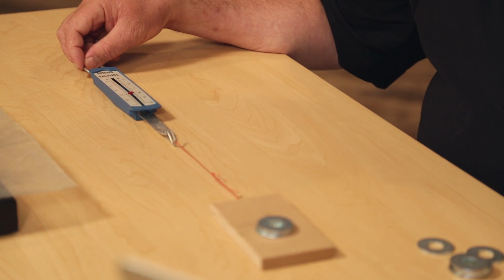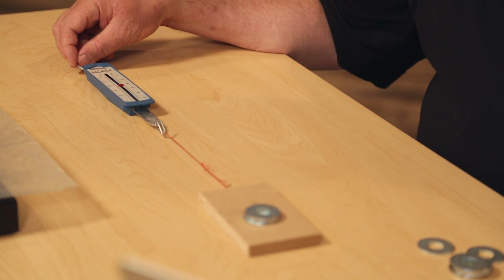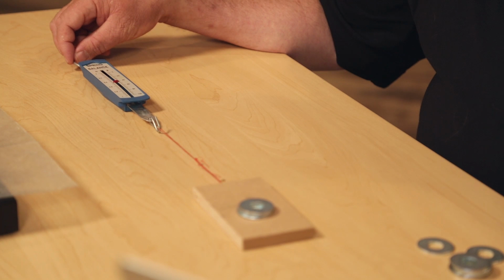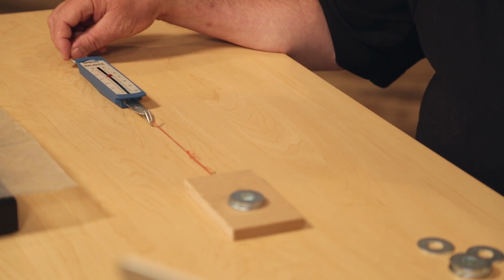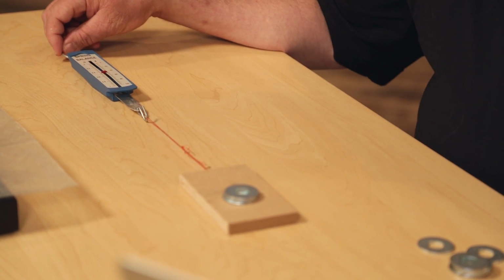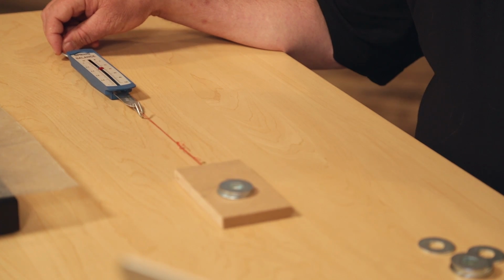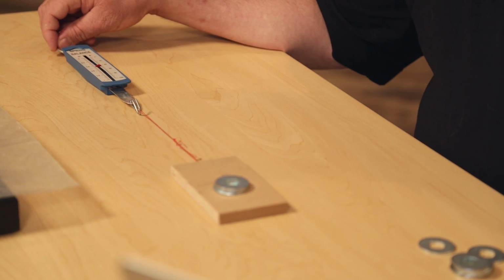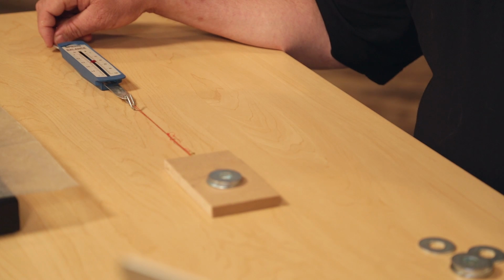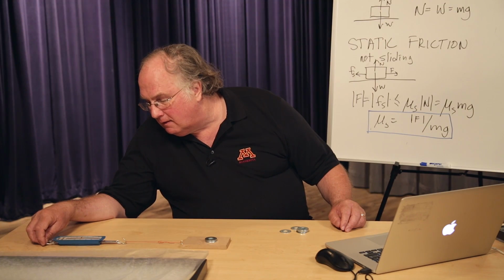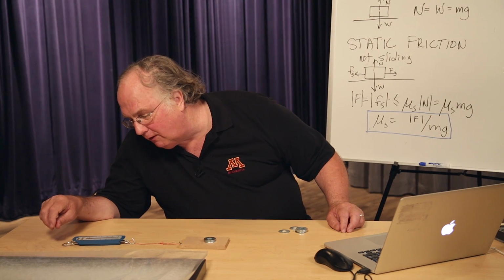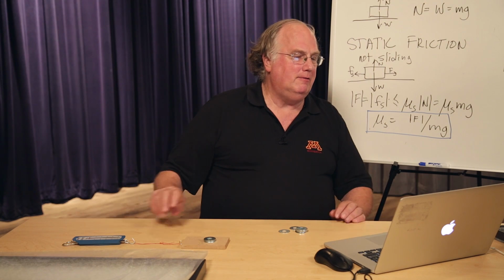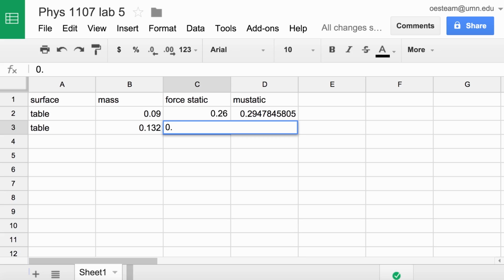Okay, we'll try that again. This thing is sliding at about 0.48 newtons minus the 0.02 is 0.46 newtons.